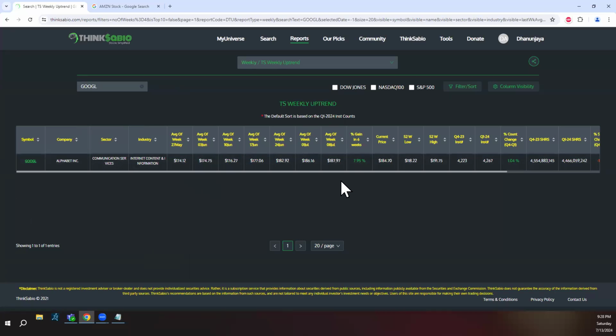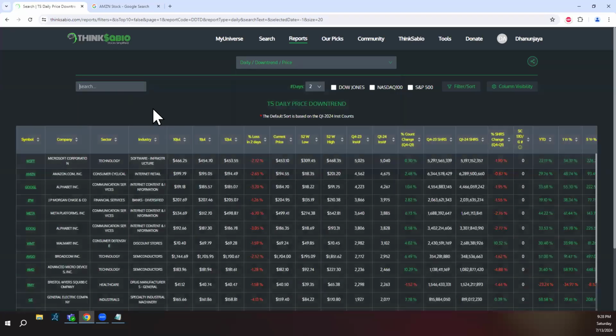Options means if you want to play calls, you have to find something that is uptrending. If you want to play puts, you want to find something that is not performing. Simple. You have the same weekly downtrend report too. In the downtrend report, you might be able to find some trades, something that is not really performing for quite some weeks. There will be an opportunity there also.